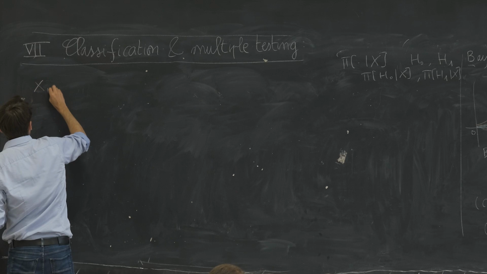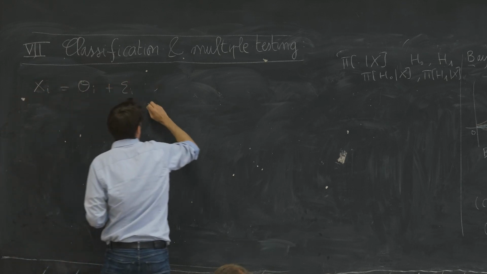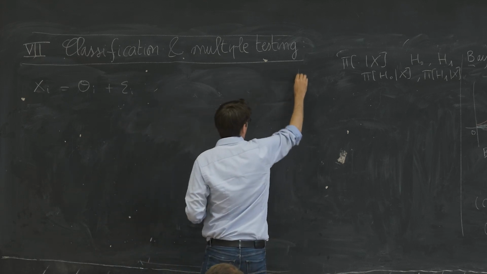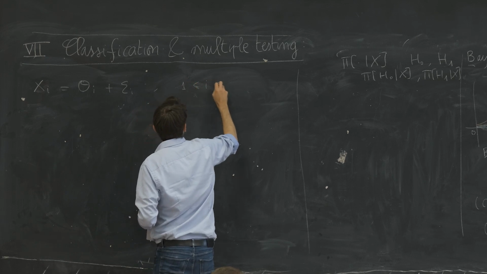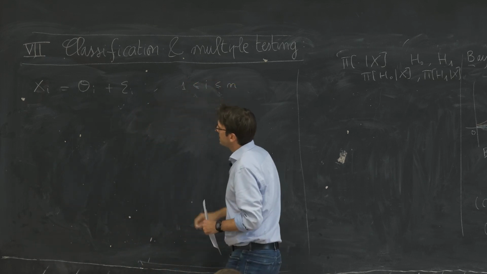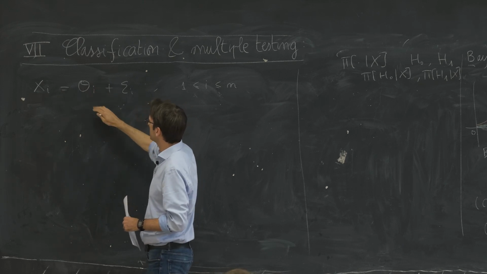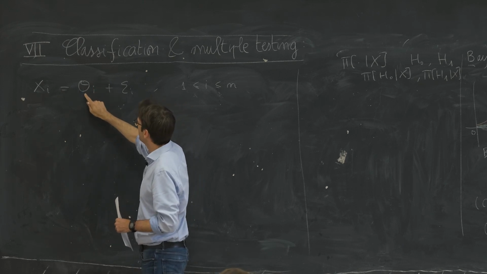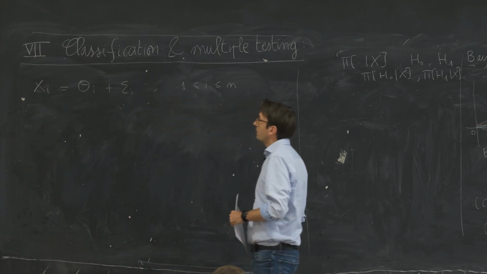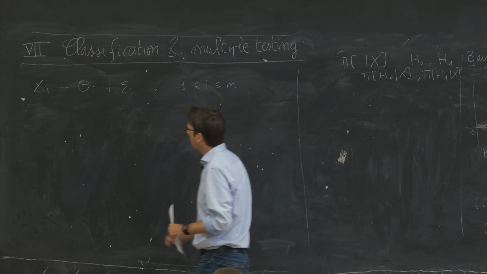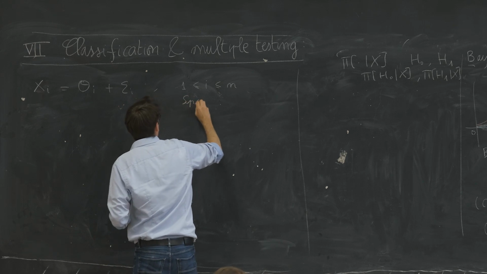To fix ideas, I'm going to consider the simplest possible problem, still a sequence model, but the testing will be multiple because there are many hypotheses. And what are the hypotheses we're going to test? We're going to make a sparsity assumption, as mentioned a few lectures back, where we assume that theta is sparse. Most coordinates are 0, except a certain number Sn of those. So this is a sparse sequence model.